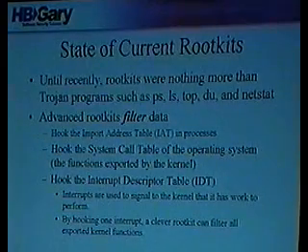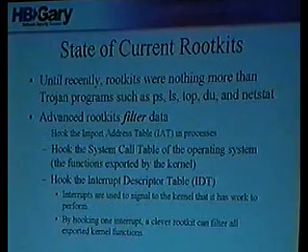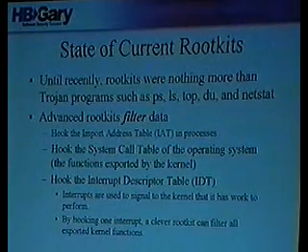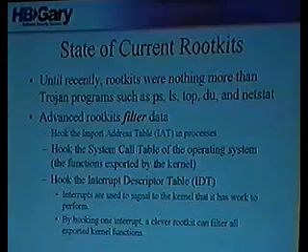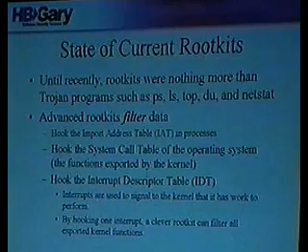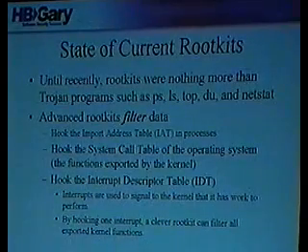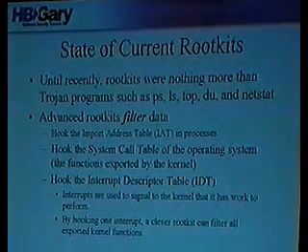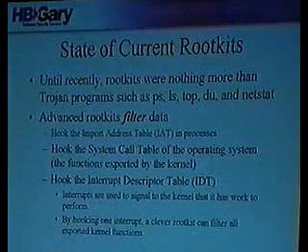Until recently, most rootkits were nothing more than a Trojan program. This is probably like an 80s thing. They would replace ps or ls or some of the other commands on the file system, so that when an administrator would run the command, they would get a Trojan version of the executable.